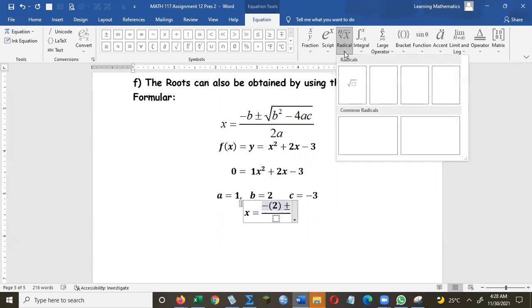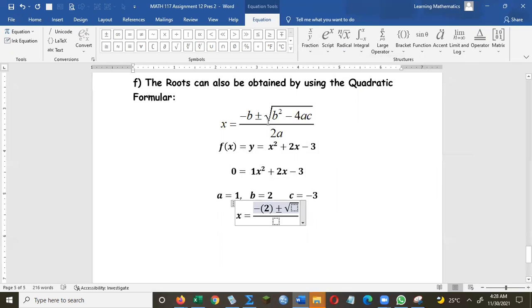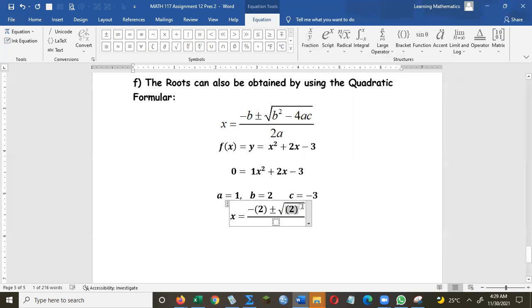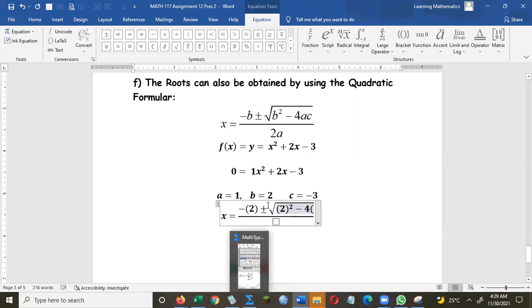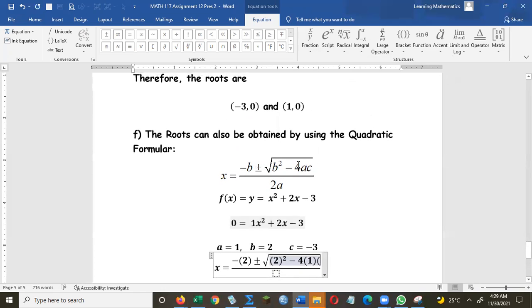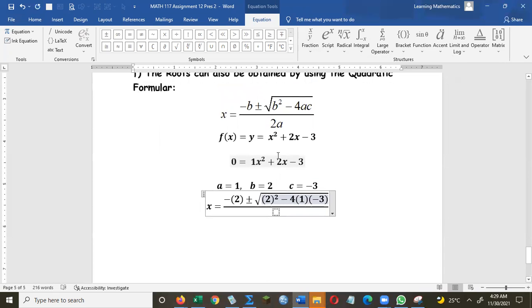Under this square root sign, we have b squared, so that's 2 squared, subtract 4 times, open bracket, a is 1, times another bracket, c is -3, divided by 2 times a, divided by 2 times 1, because we said a is 1.